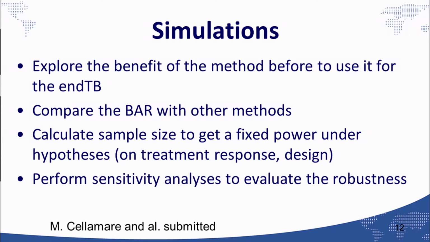So some simulations were performed to explore the benefit of the method before using it for the endTB, and also to compare the Bayesian adaptive randomization with other methods, to calculate the sample size to get a fixed power under hypotheses on treatment response design, and to perform sensitivity analysis to evaluate the robustness.